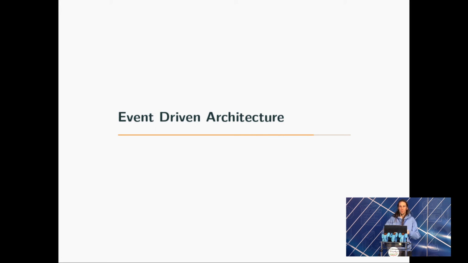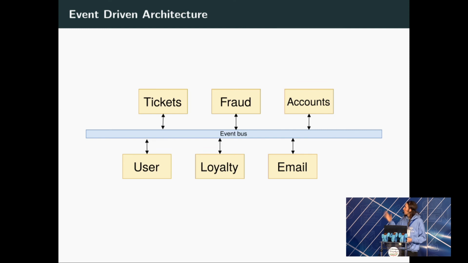You probably wouldn't be doing it too much with third-party services, but you can abstract it a little bit. But the idea is you're exchanging events between services to exchange state. So you might have a set of microservices that look like this. You've got a ticket service, a user service, loyalty scheme service. Every time something interesting happens, those services can raise an event that is published to all the other services.